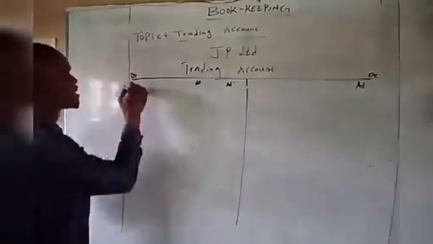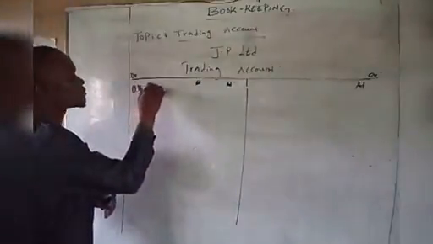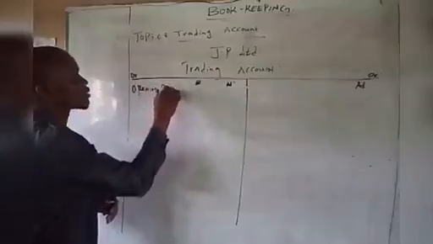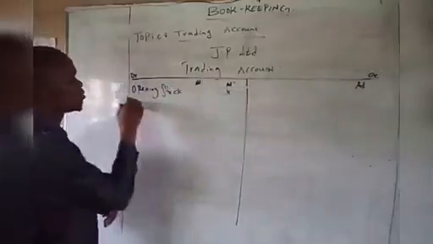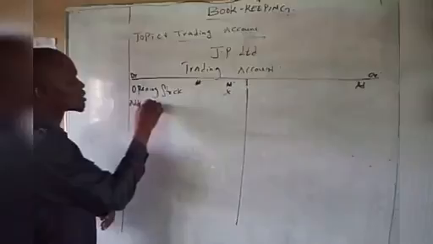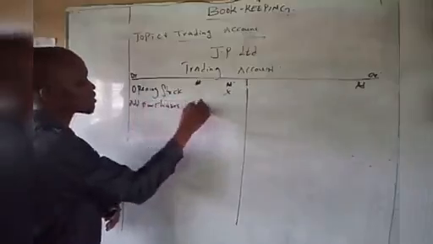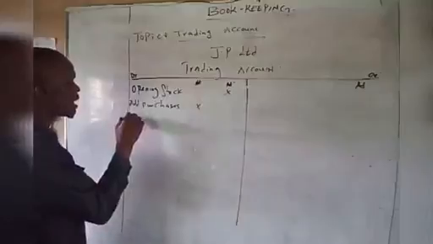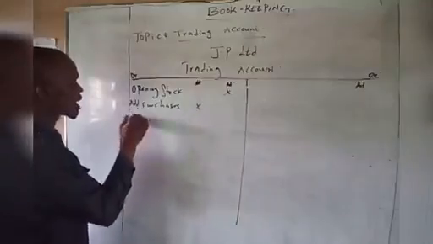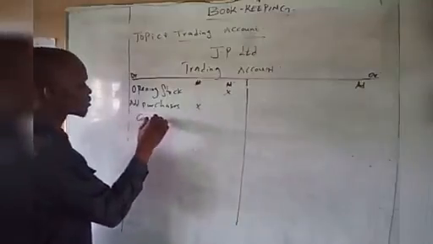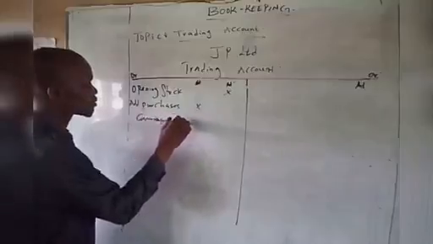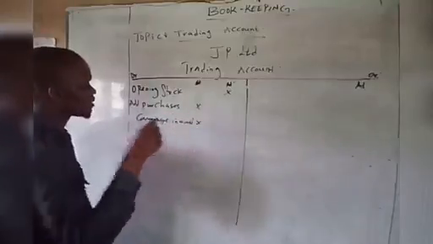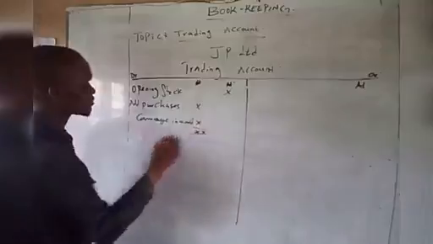Now let's start. The first thing that will come to this place is opening stock. You bring down your opening stock, you add purchases, carriage inward, you add them together.